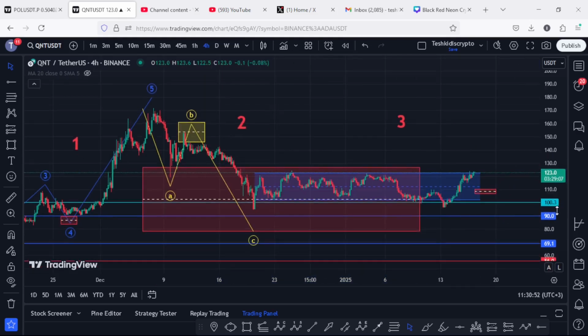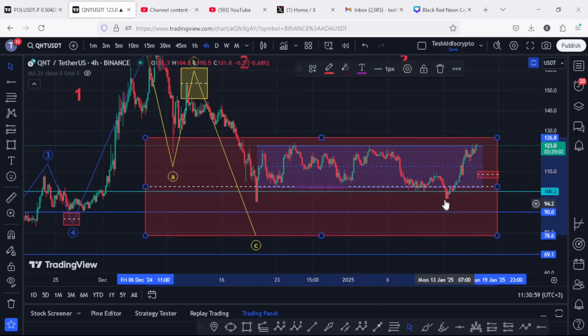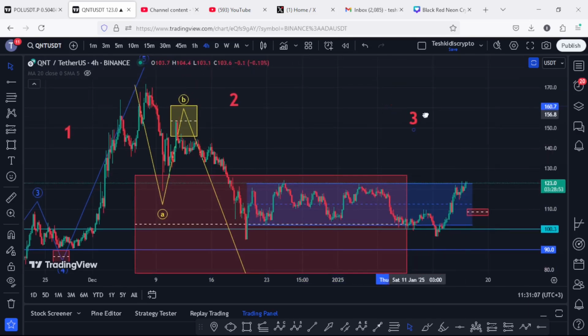So if by any chance we get a breakdown move, losing the lows we made on the 13th of January, then expect QNT to fully maximize this red target area, give us one more new low in the formation of that wave 2 before we can bounce impulsively in the formation of this wave 3.